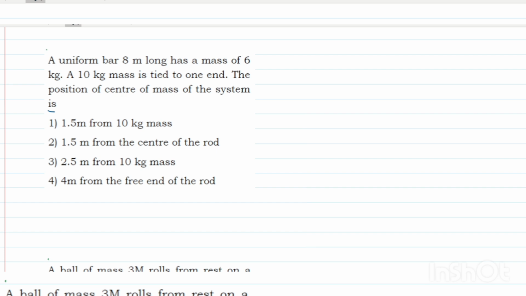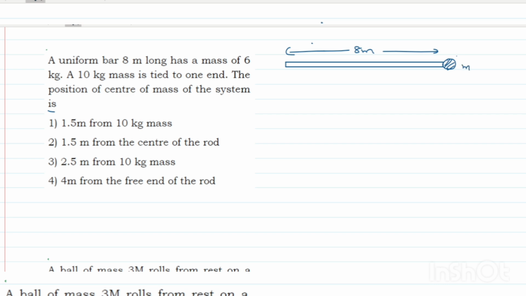So here a uniform bar is given, students, 8 meters long, and here a 10 kg mass you are going to be tying like this.